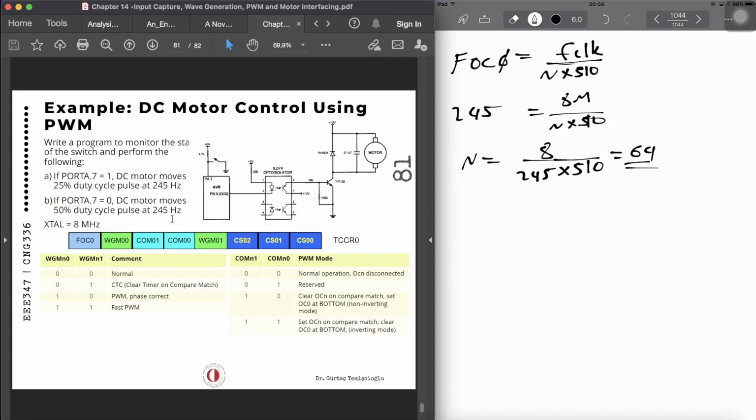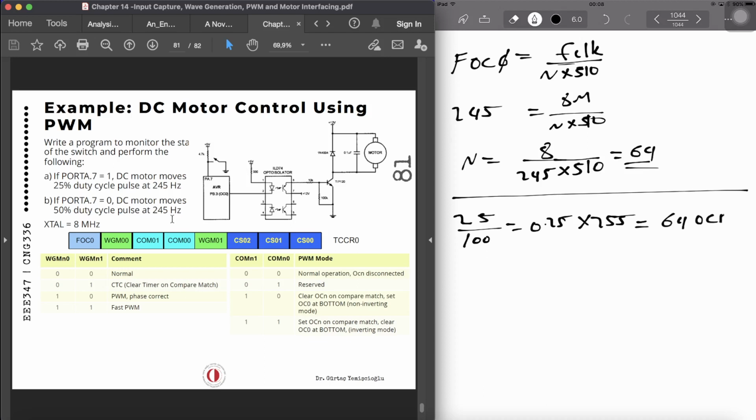And then once we have got that, when we want a duty cycle of 25%, that's going to be 0.25 times 255, which equals 64 for OCR0.